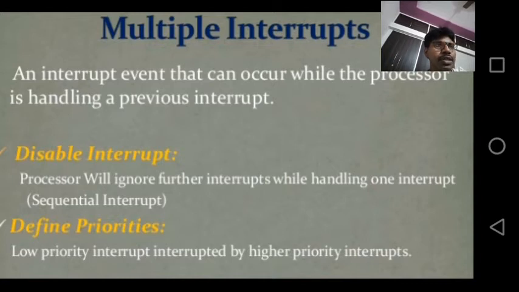The goal is, when the processor is handling a lower priority interrupt, and meanwhile hardware or some other source generates a higher priority interrupt, it has to be processed first, keeping aside what the processor is doing, that is, the processing of the present lowest priority interrupt. So the lower priority interrupt is interrupted by the higher priority interrupt. This is called defining the priorities.